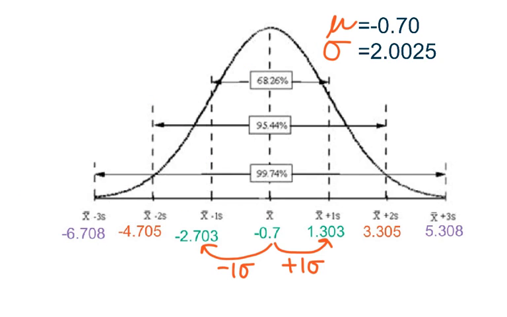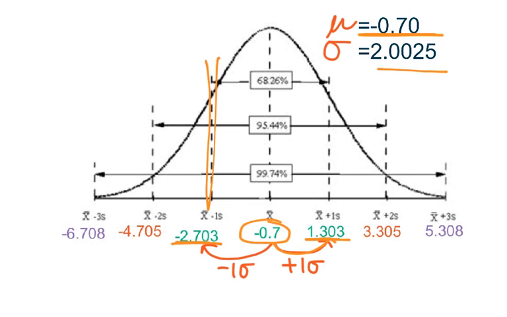So now we create our bell curve, and just like we went over at the beginning of the video, we take our mean and put it dead center. Now our mean was our expected value that we had calculated first step, and then I add one standard deviation. So I add 2.0025 to -0.7 and it gives me this value. And then I subtract one standard deviation to give me -2.703.